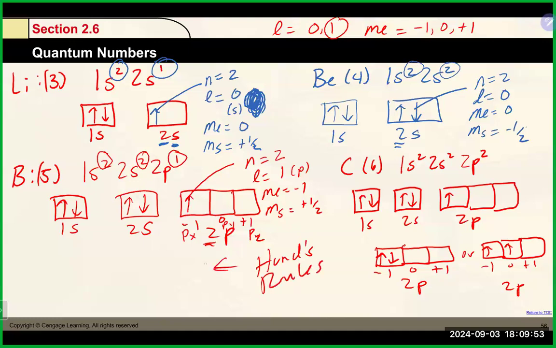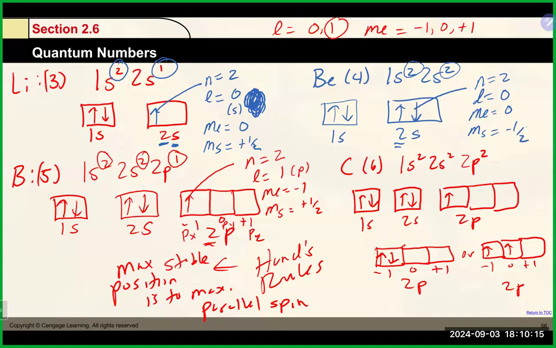And he says that the maximum stable position is to sort of maximize parallel spin. So remember, parallel spin is when they're all heading in the same direction. Paired spins are when one goes one direction and one the other. So what that means is, based on Hund's rule, we would not want to do this.